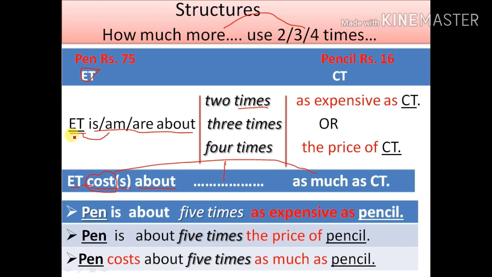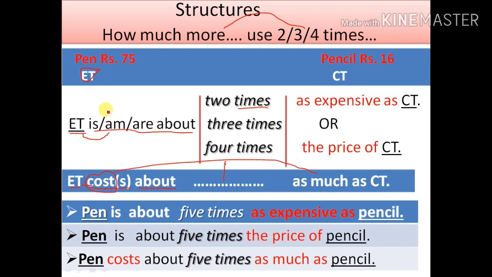to make comparison. So if you are using expensive thing at first, remember expensive thing is, am, are, about, and times, 2 times, 3 times, 4 times, 5 times, as expensive as cheap thing or the price of cheap thing. So for example, let's see, pen 75 rupees, pencil 16 rupees. Here pen is expensive thing and pencil is cheap thing.